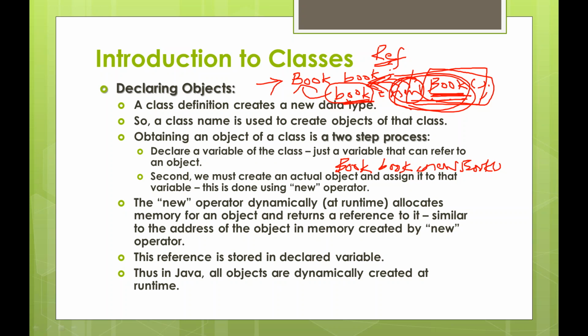Whatever reference or memory address is returned by new, we store it in a variable of the same type. These variables are also called references.